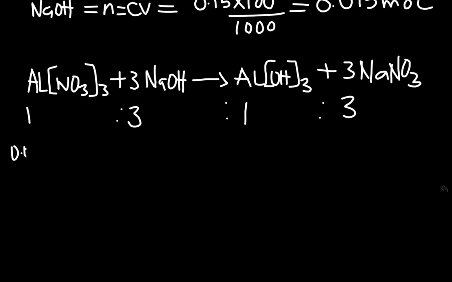Now according to the molar ratio, that of the aluminum nitrate is 0.003.